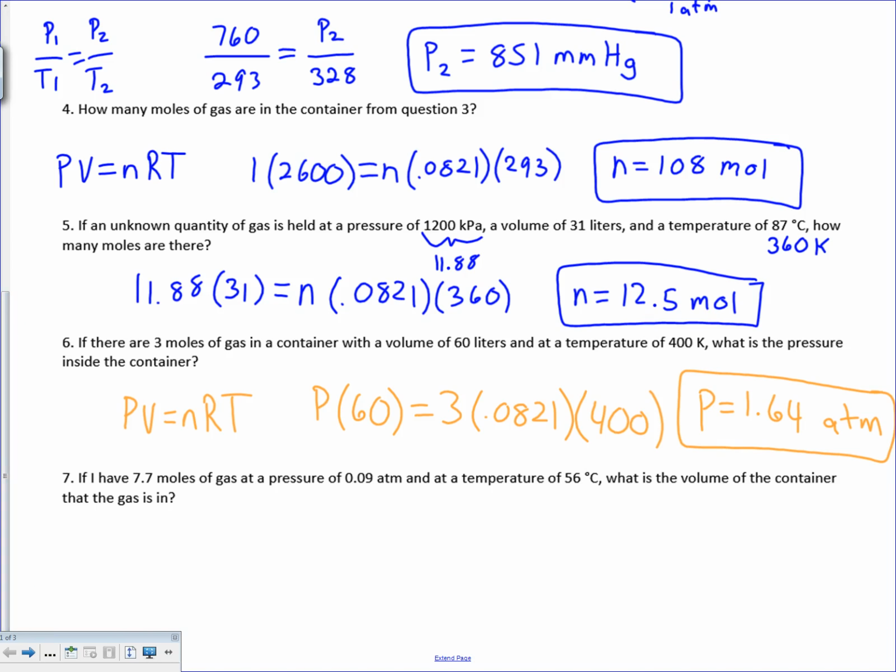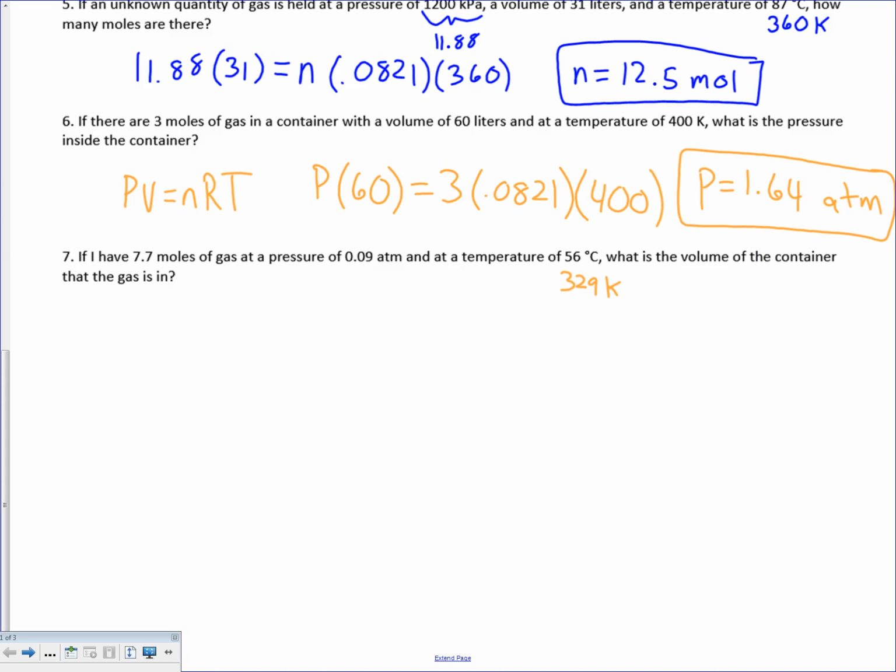Seven, also pretty quick and simple. The only thing that we have to do is convert that 56 degrees Celsius into Kelvin, so it's 329 Kelvin. And then we can just plug things in directly. So we'll get 0.09 times V, because that's what we're trying to find in this one, equals the number of moles, which is 7.7, times the gas constant, 0.0821, times the temperature in Kelvin, which is 329 Kelvin.